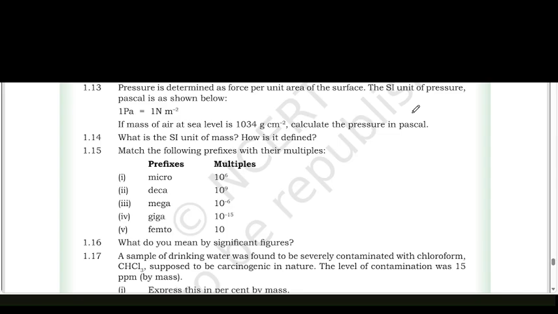Good question. 1 Pa is equal to 1 Newton per meter square. At sea level, mass of air divided by volume we will get rho.